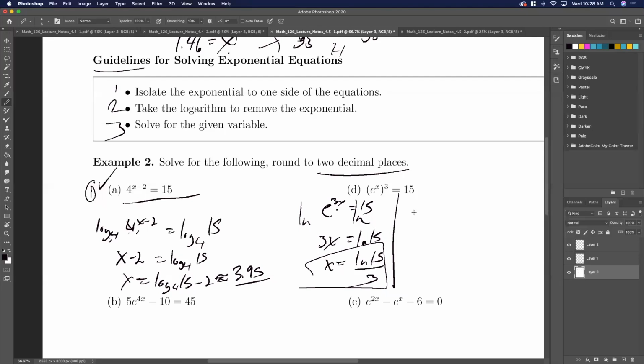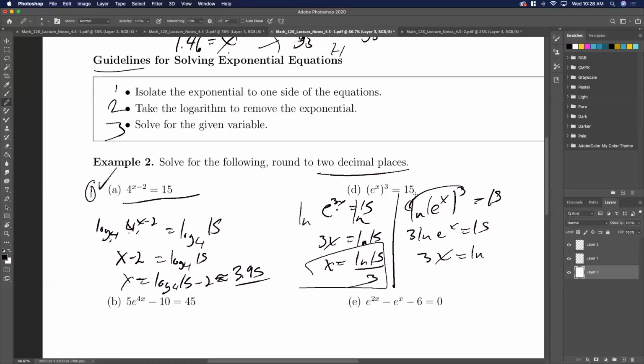Or another way of doing this, if I just take ln of 3e to the x equals 15, I can pull this out. I'll get 3 ln e to the x equals ln 15, which gives me 3x equals ln 15.